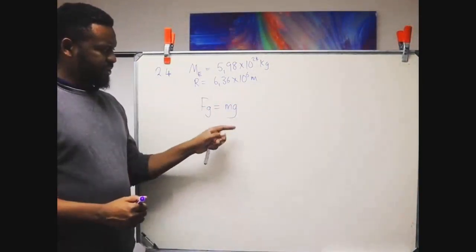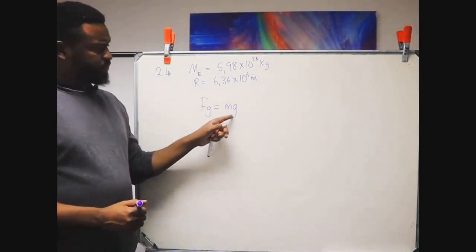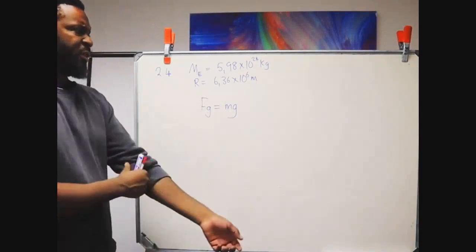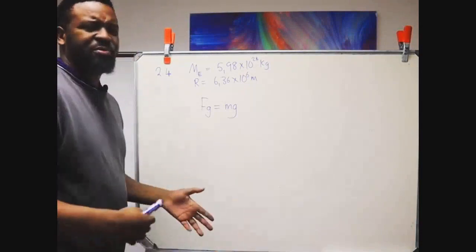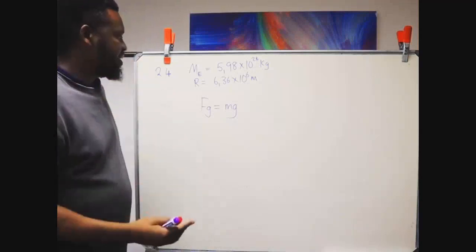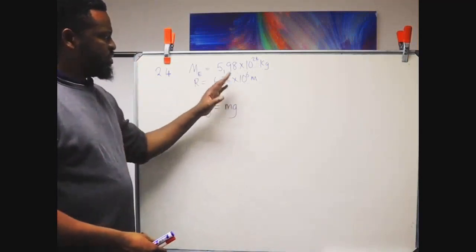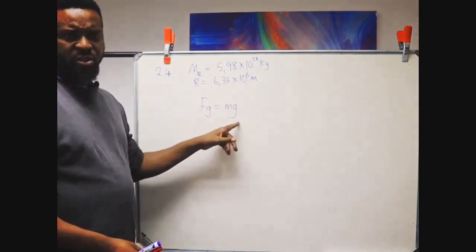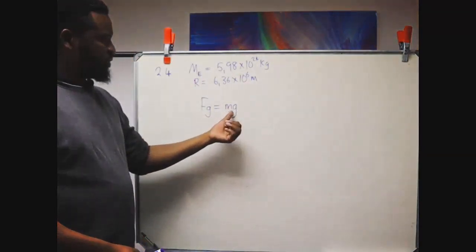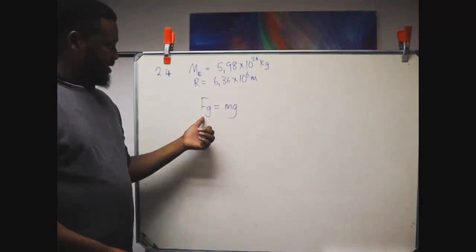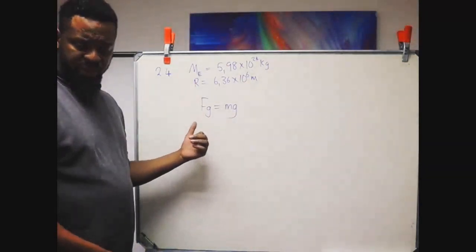In the case of the Earth, we use 9.8. I know it's a rounded off value, maybe it's more correct to use 9.81, but we generally say 9.8, that's fine. When you move away from the Earth, the G changes, and let's say you land on another planet, we'll use the G of that planet to calculate the weight that you'll experience on that planet.